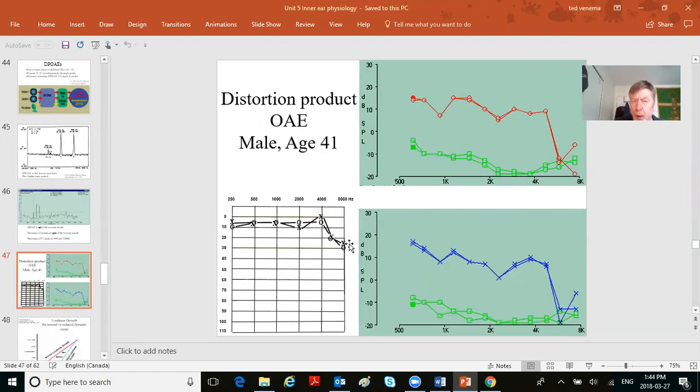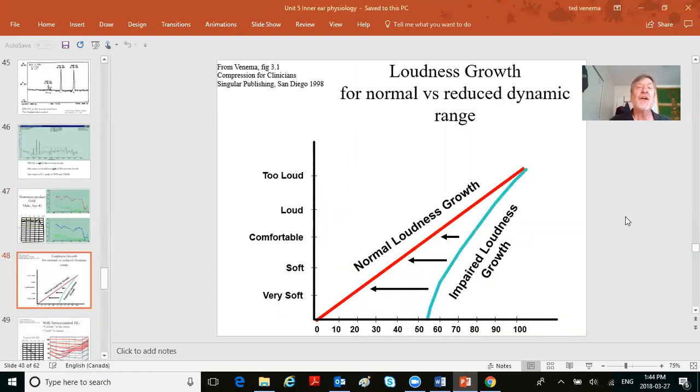Well, sure enough, bloop, they drop. Okay? So my otoacoustic emissions are saying, hey man, you're losing some outer hair cells way past 4,000 hertz. You're losing hair cells. You're going to get presbycusis. You're going to get hearing loss. Well, I guess so. I'm human. All right? So anyway, that's OAEs, and let's look in our notes.